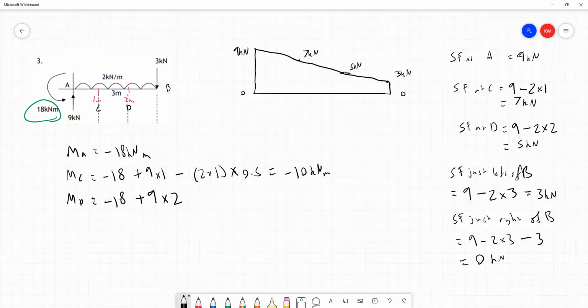And we then take into account the UDL's contribution to the bending moment at D. So now we've got 2 meters of beam, so the total force in this section from A to D is 2 times 2. And the effective point it's applying at is halfway between A and D, so 1 meter along. It just so happens it's at point C, but it would be half of whatever that distance was. So that's times 1. If we put all those numbers into our calculator, we'll have minus 4 kilonewton meters.